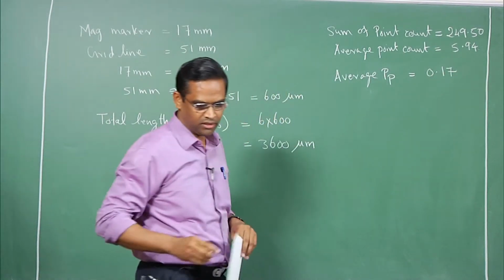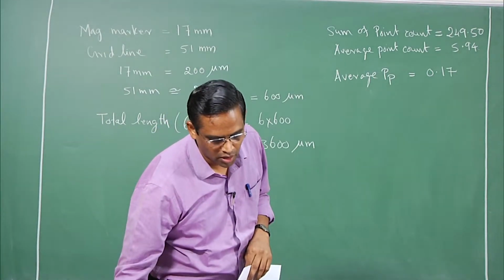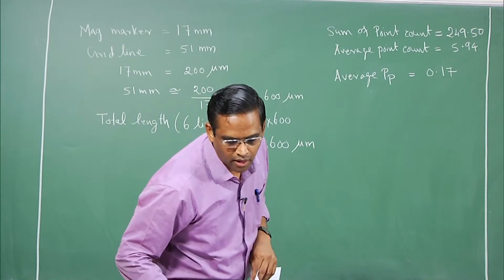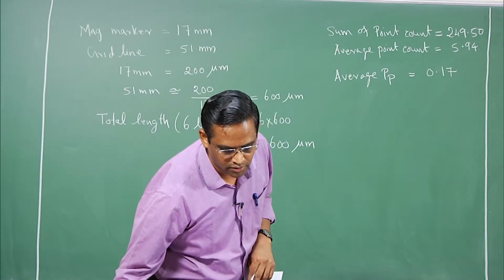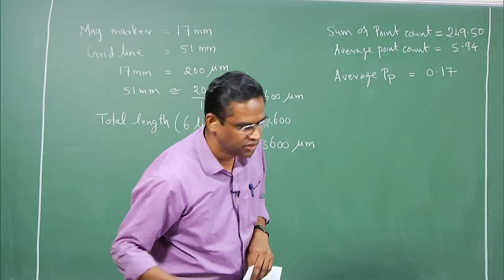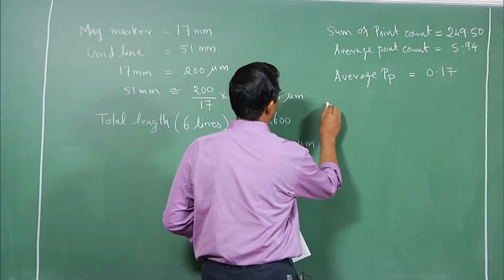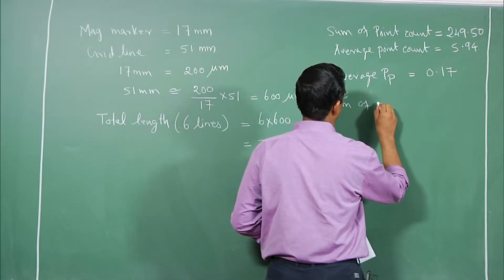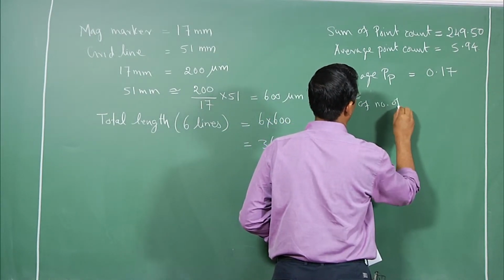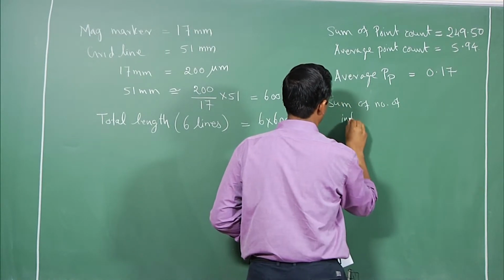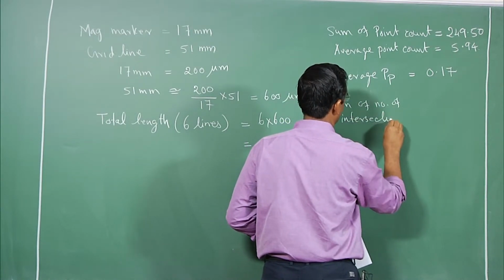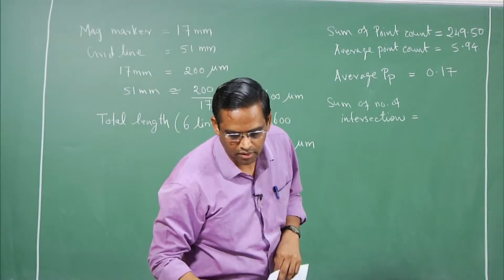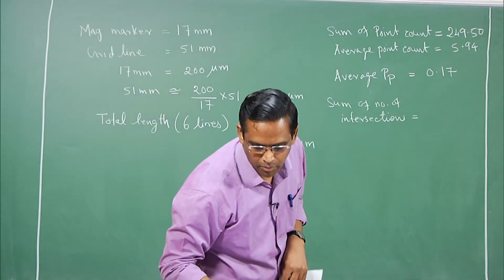and similarly we can look at this for calculating the PL. The total number of intersections, the sum of which is equal to 797.5.